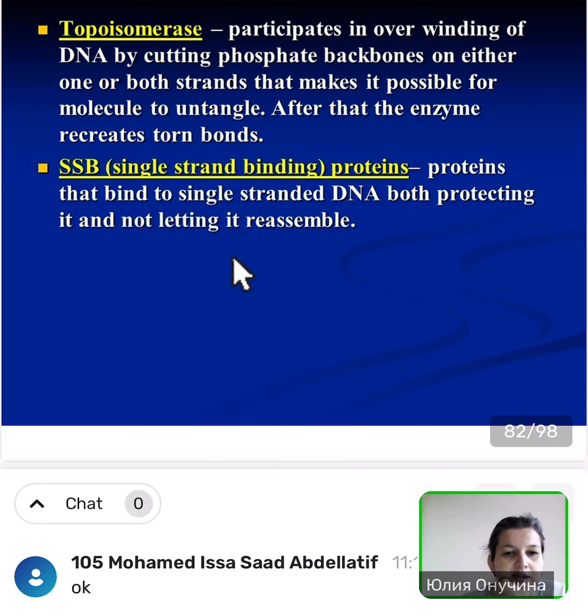So, topoisomerase and SSB proteins, their function: topoisomerase participates in the overwinding of DNA, and SSB proteins, single-strand binding proteins, stop the recovering of these strands. Is it clear?